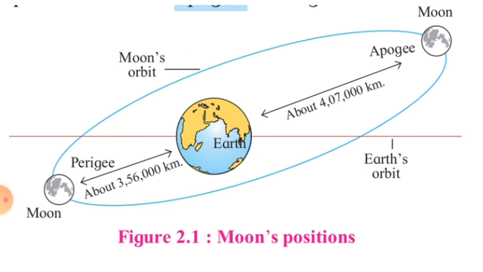This position is called perigee, and opposite of it, when it is the farthest, the position is called apogee. Here, farthest position of the moon from the earth, that is about 4,07,000 kilometers. So it shows moon's positions.